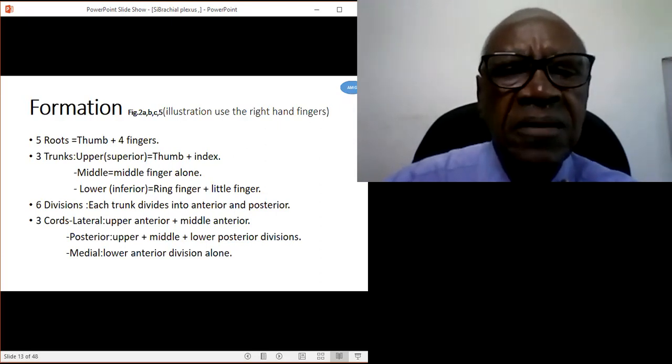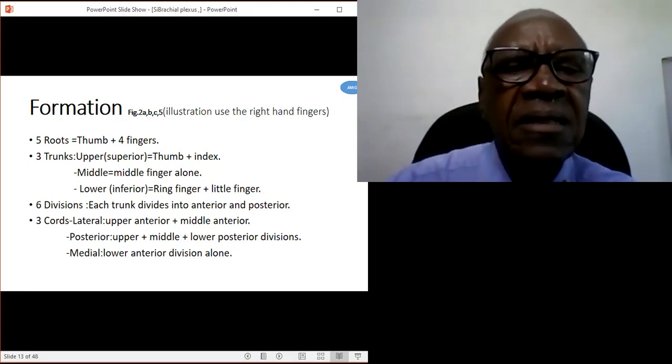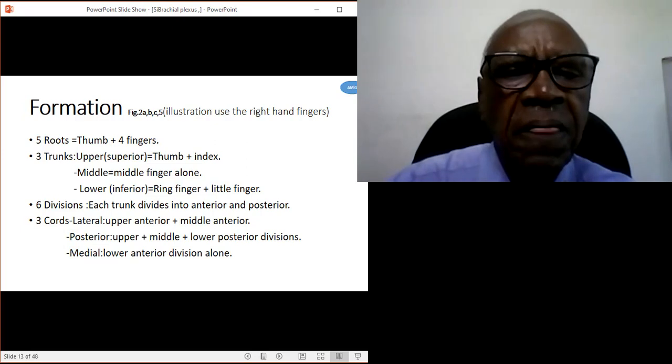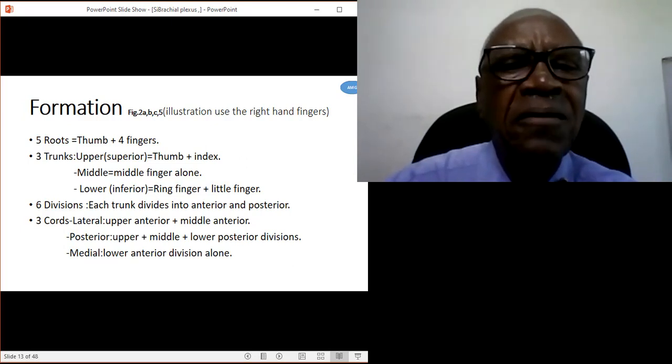Formation in more detail. This can be illustrated by using your right hand, where you use the thumb and the 4 fingers. 5 roots are equivalent to the thumb plus 4 fingers.